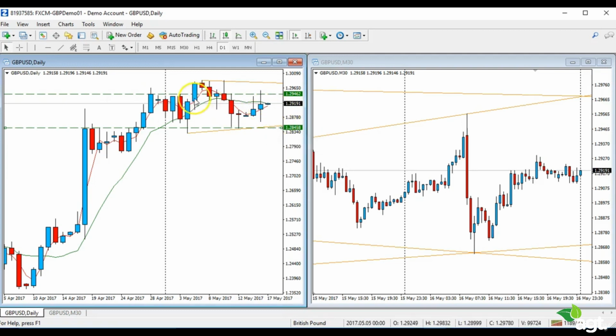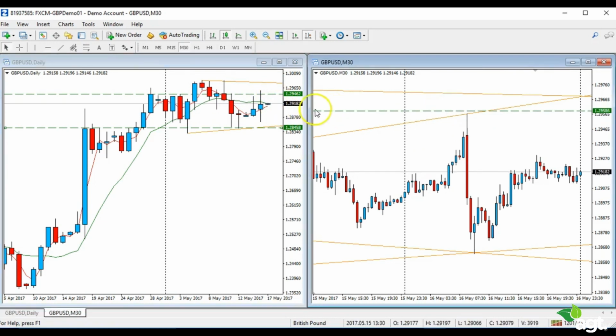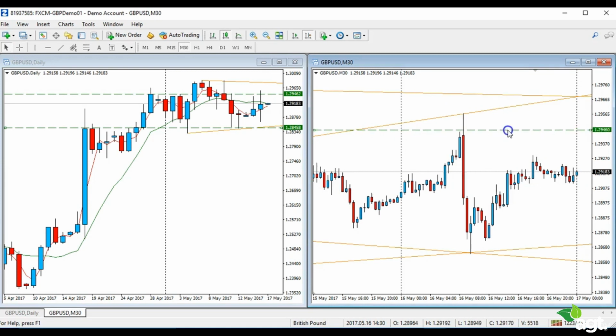If we put those levels into our 30-minute time frame, which is probably about there, 1.29462, that provides us with a good place to know where we're going to take our 7.1. It's nearly there, so we'll just put it down to 6.2, somewhere like that. So that provides us with a good place to take profits from.